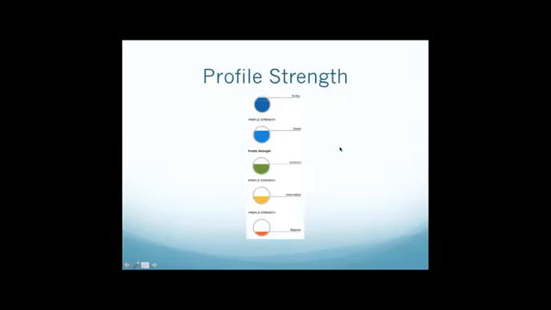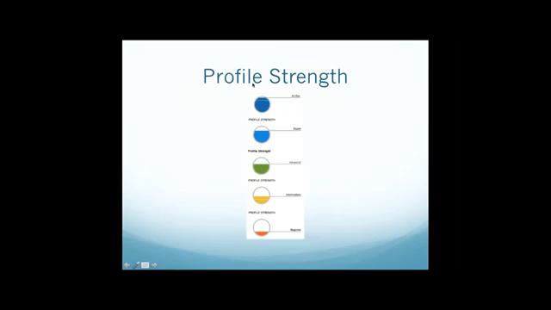And looking at the different profile strengths, it goes from beginner to intermediate to advanced to expert and then to all-star. These are basically just signals of how much information you have put on your profile and how complete it is.